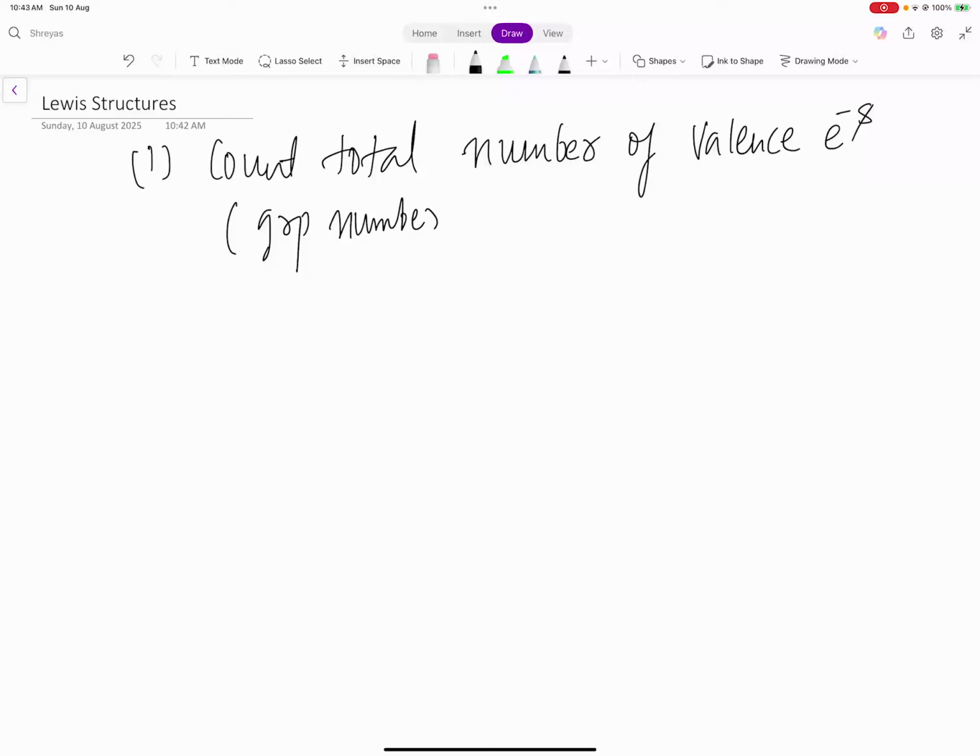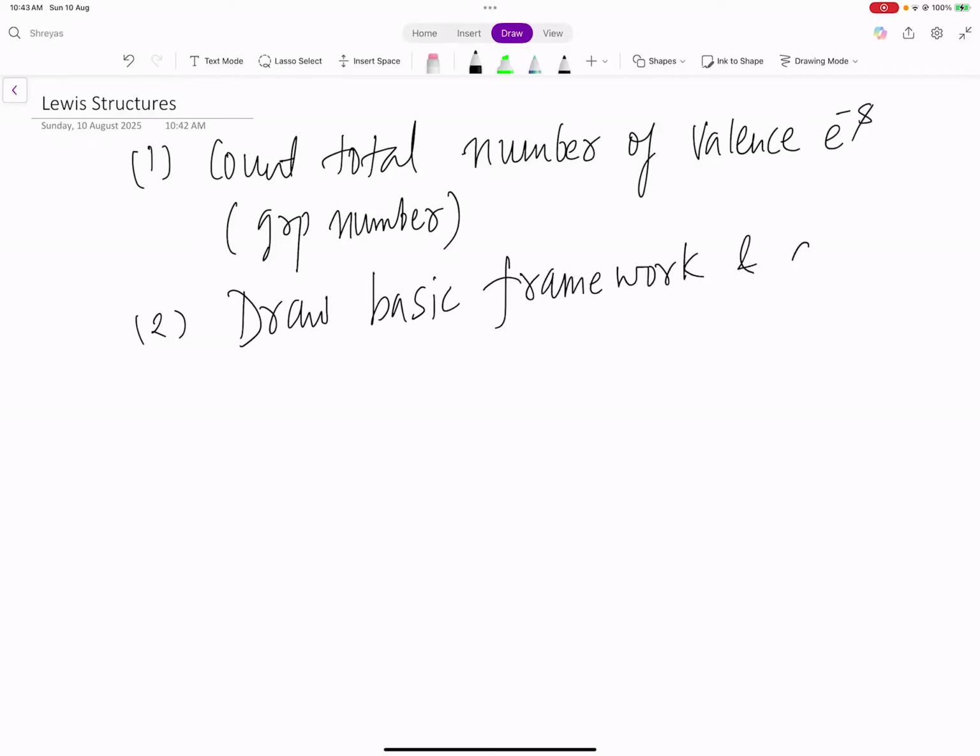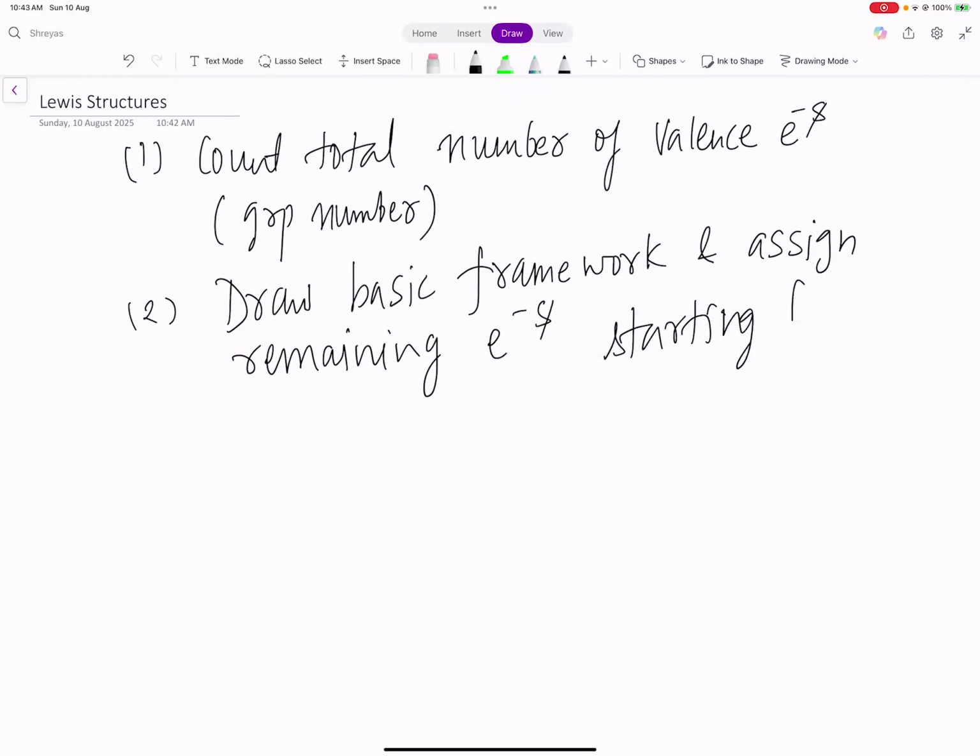Second, draw the basic framework. I'll tell you what it is. And assign the remaining electrons starting from the outermost atoms.